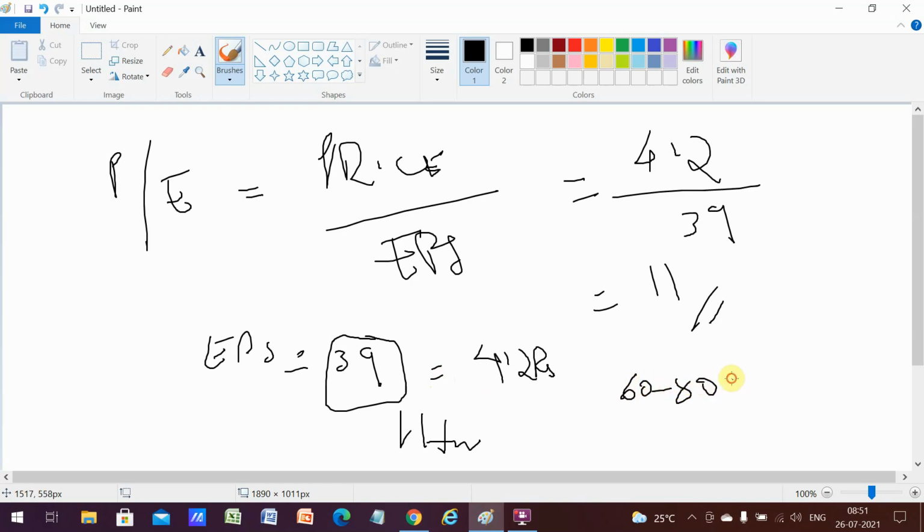So PE is not actually a correct measure to evaluate a business, because they have moats. Something like Nestle has KitKat, Maggi, Cerelac. These are very huge moats that cannot be broken. For that, they get this premium valuation because of the brands they have. So PE is not the right measure.